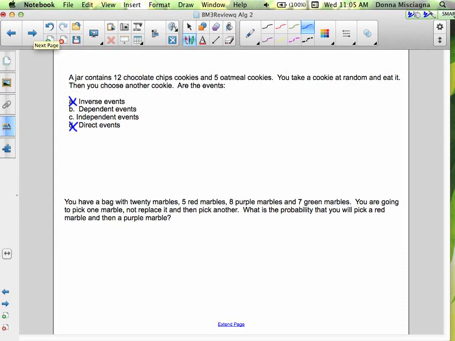We can have independent events and we can have dependent events. If you do not change the sample set, it is an independent event. If you change the sample set, it is a dependent event. Well, you ate the cookie. There is now no longer 17 cookies. There's only 16 cookies. It's a dependent event because the sample set was changed.